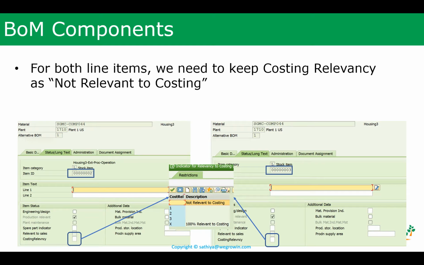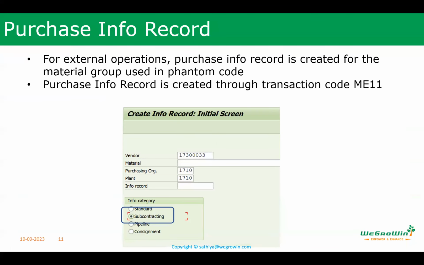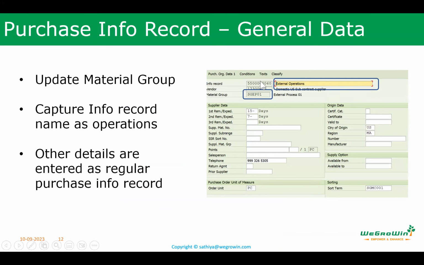That particular material does not have any price or cost. And then for external operation, we have to create a purchase info record, right? Without material. And you have to create it as subcontracting, without material. And here you give the reference of the material like a group, or you give some description there.